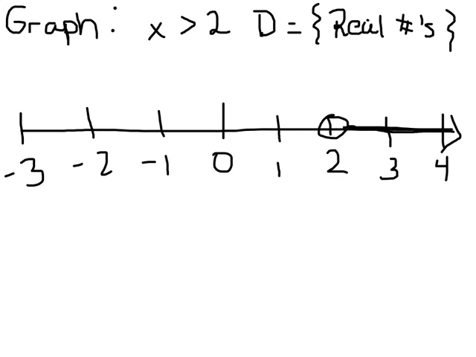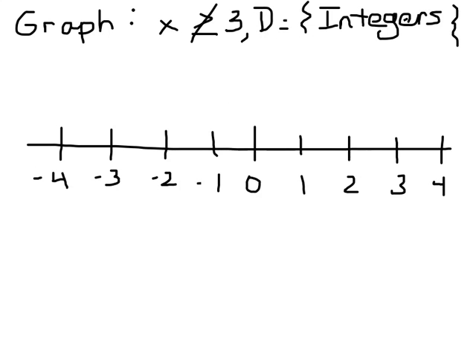You can see it says graph x is greater than 2, but you have to now pay attention to your domain, which in this case is real numbers. So since it's greater than and not equal to, we put the open circle on the 2 and then the line and arrow going towards the right, getting larger because x is greater than 2. And real numbers includes everything in the middle of 2 and 3 and 3 and 4 and so on.